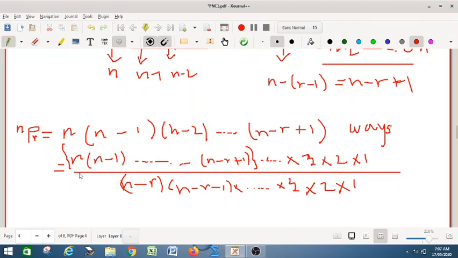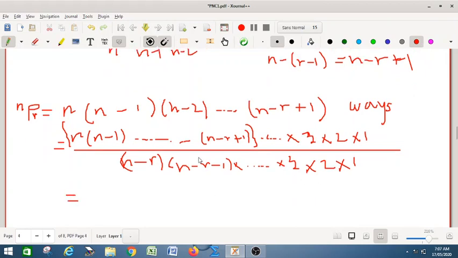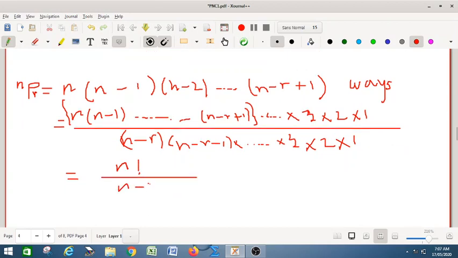That is nothing but factorial n in the numerator, and in the denominator you have factorial n minus r.